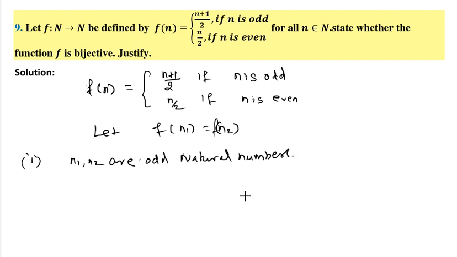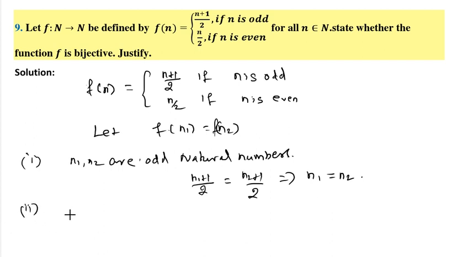Odd positive integers are nothing but odd natural numbers. Then what is f of n1? (n1 plus 1) by 2. Then f of n2 is (n2 plus 1) by 2. After simplification, we get n1 equal to n2.